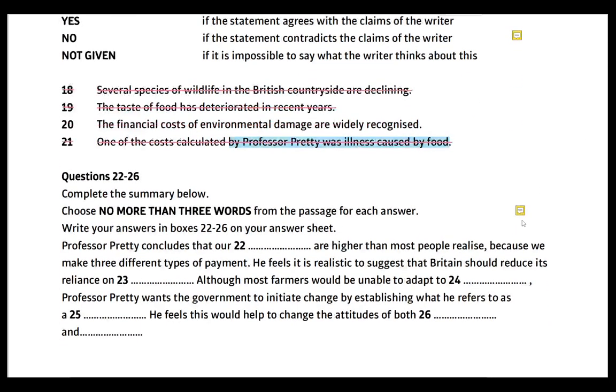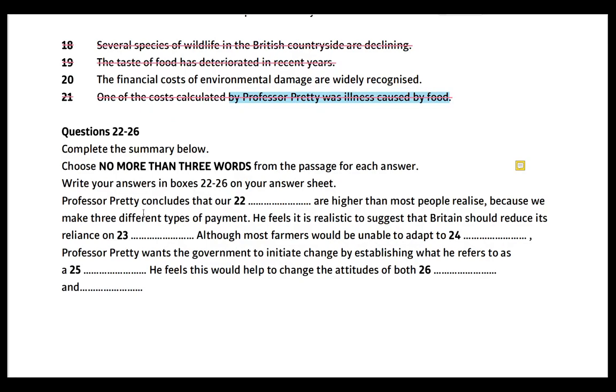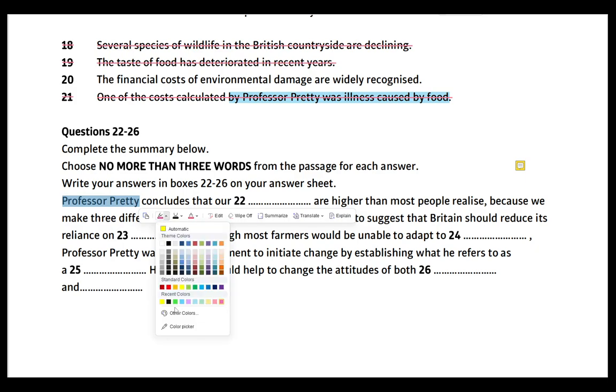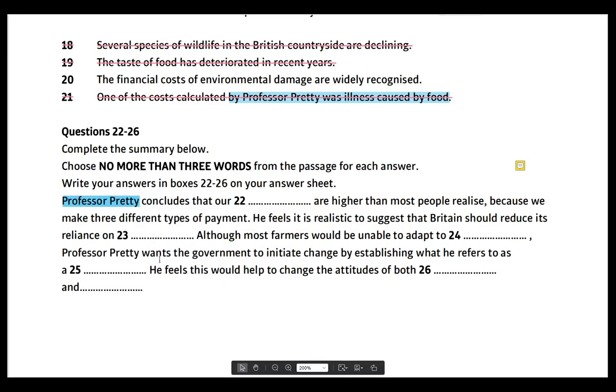Now what we have to do is pay attention to the keywords. If we skim through the necessary parts, for example, Professor Pretty, I'm just gonna choose a blue color once again. I think that would be suitable.